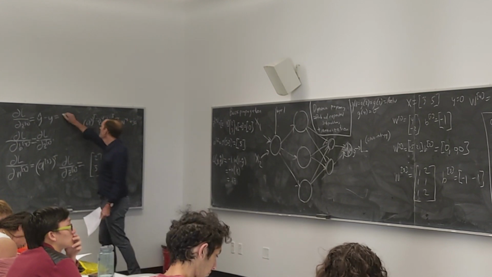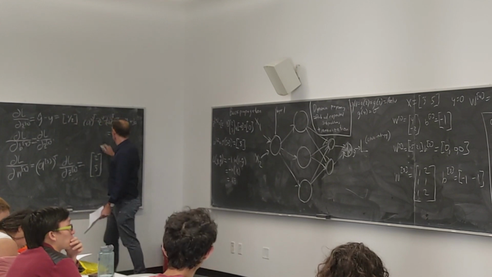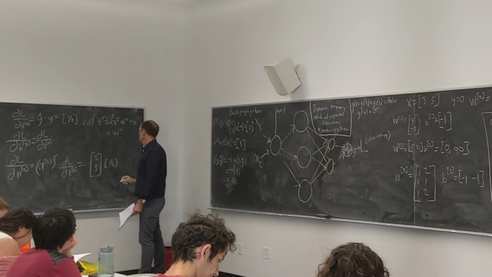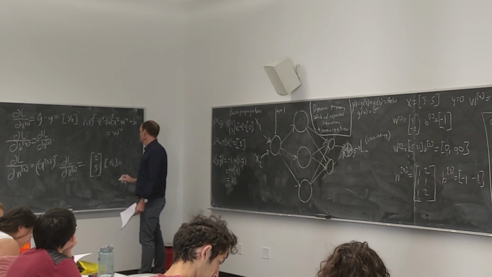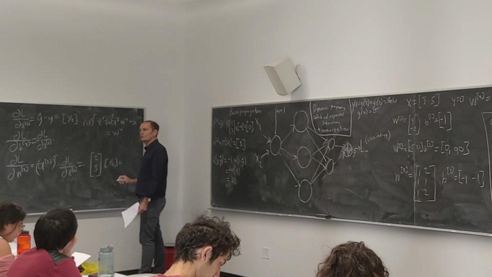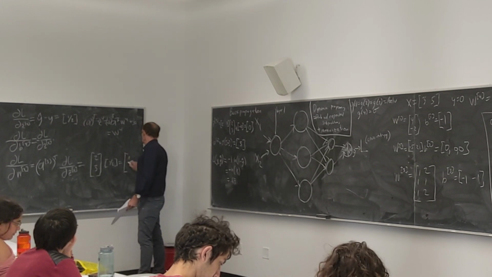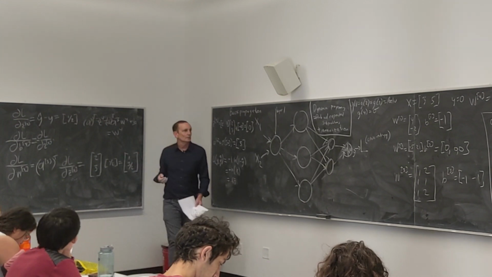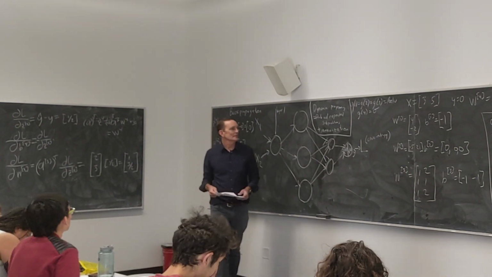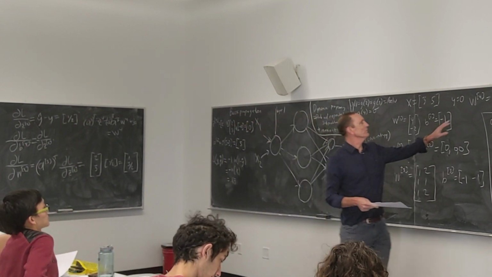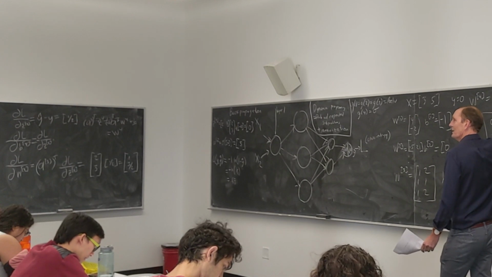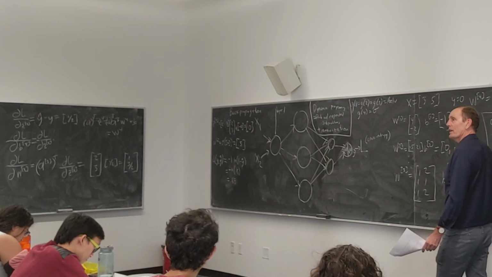So it's 1/2. What is it? Is this of the right shape? It is of the same shape as W4, which is good. So that's telling us that our current values are 2, 3, and the gradient is 1, 1.5.